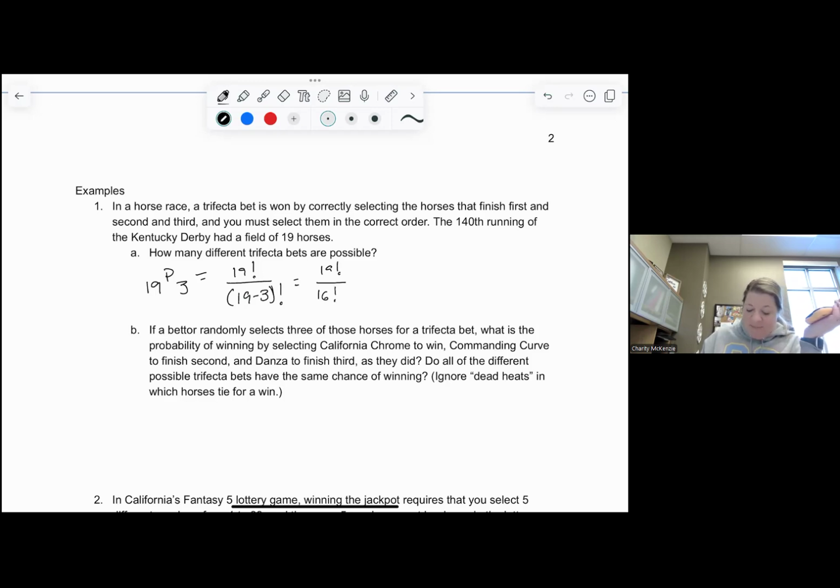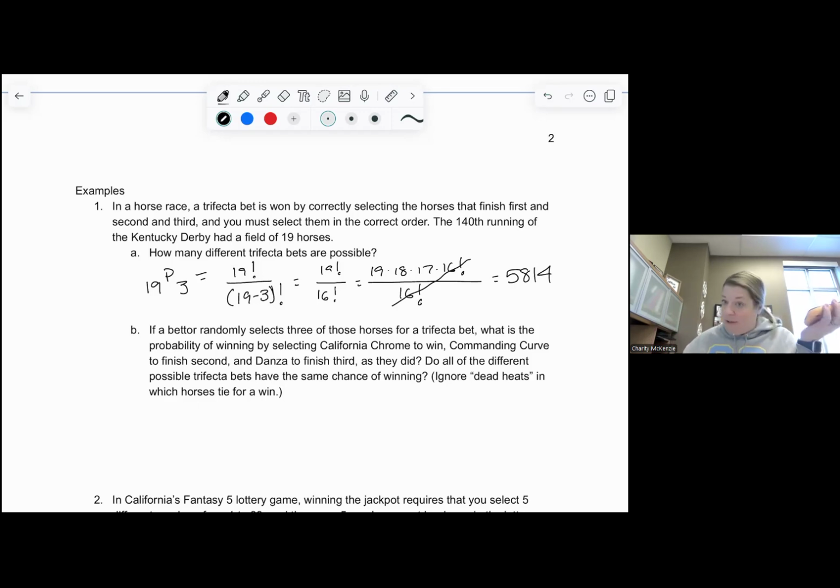So you could think through 19 times 18 times 17 times 16 factorial would finish off the 16 times 15 times 14 and so forth, so that you can cancel these and you really only have 19, 18, 17 being multiplied. So there's a total of 5,814.